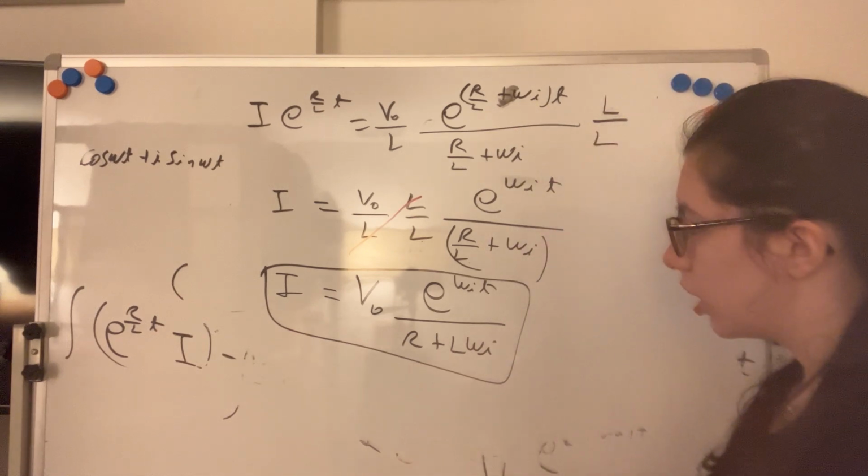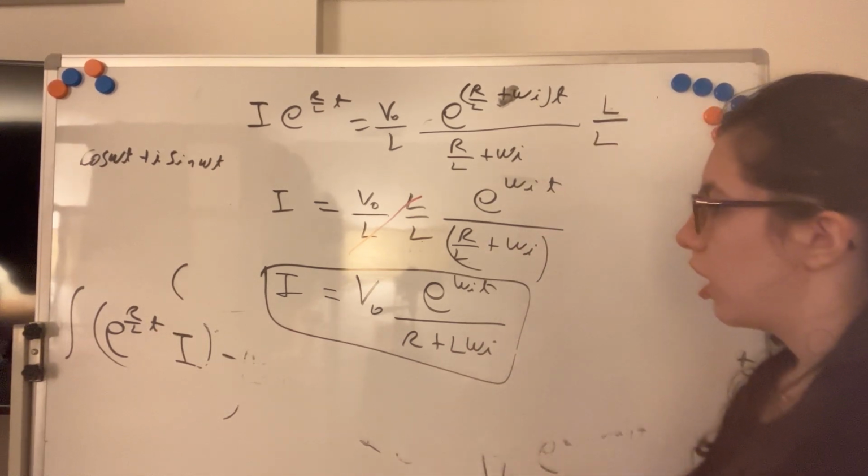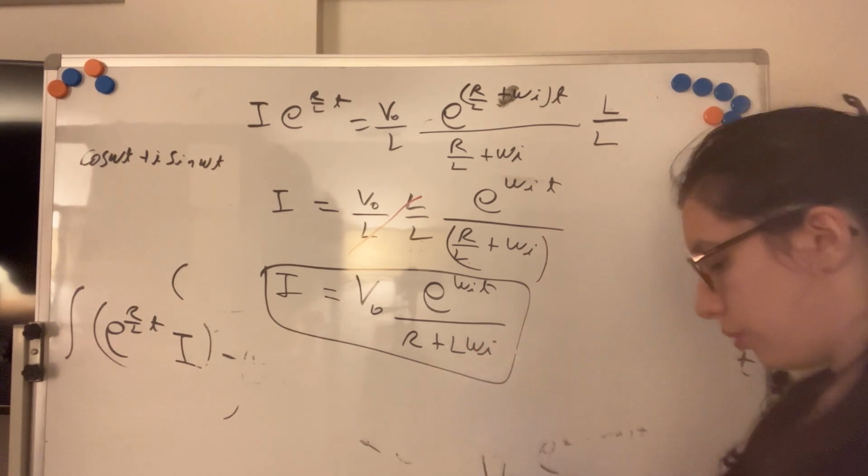The Cartesian way is to multiply this by the complex conjugate of this complex number.